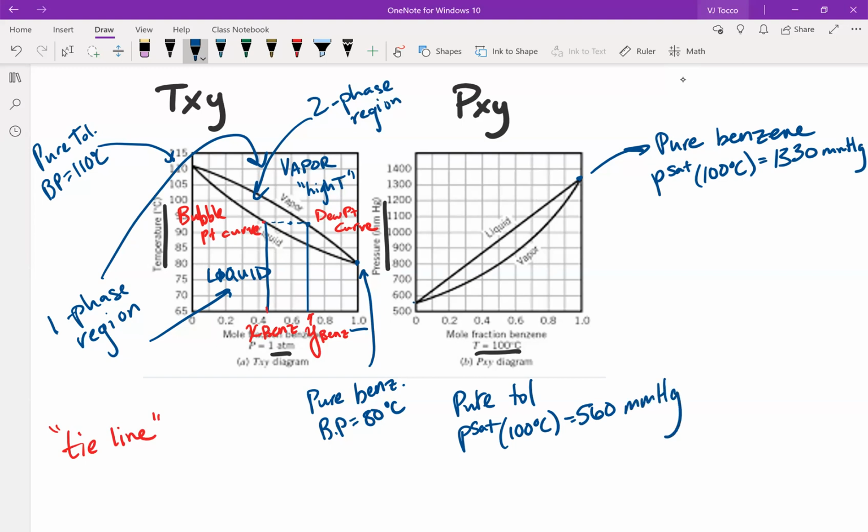So what I was saying earlier is you can use the two diagrams. If you have both, you can use them to verify the information. So therefore at 100 C and 1 atmosphere is where I have the same information.